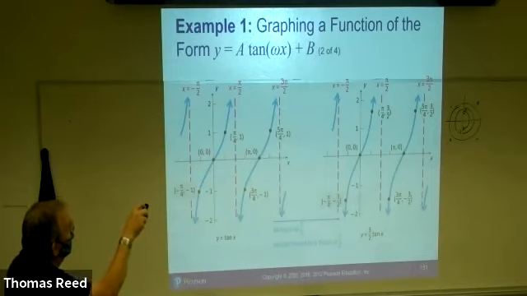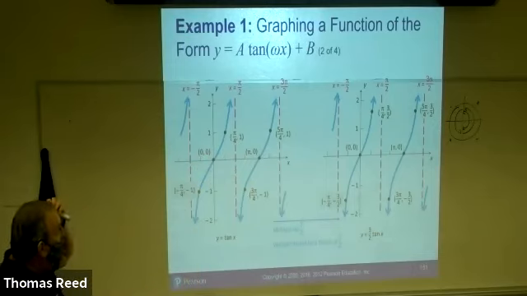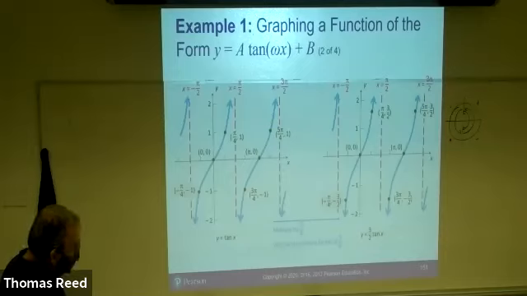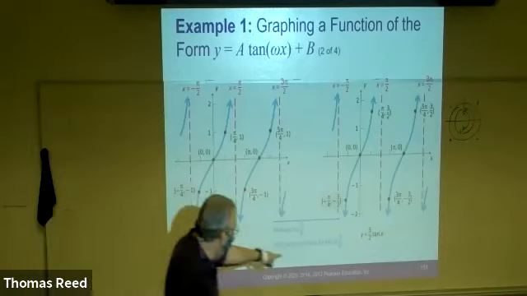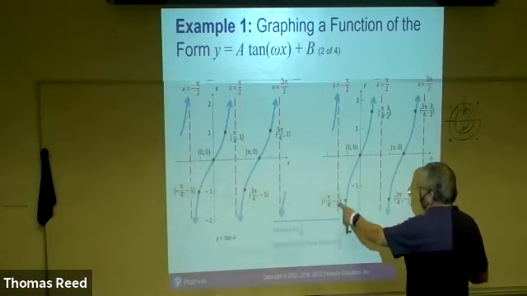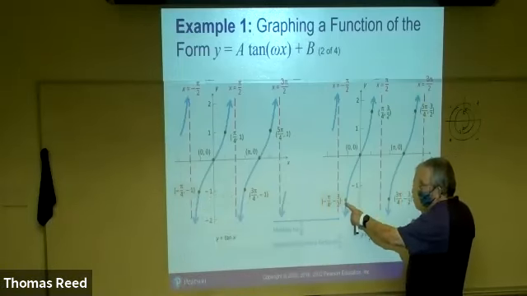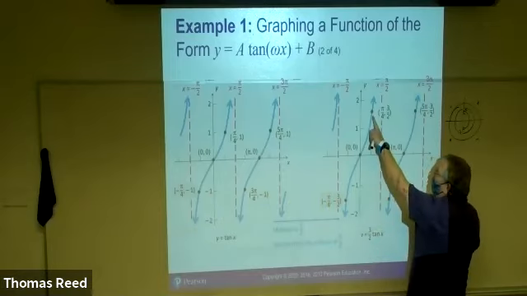We're multiplying each of the y values by whatever A is, and A in this case was what? 3/2. Right, so that's what they're talking about here. So negative 1 went down to negative 3/2, and positive 1 went up to positive 3/2.